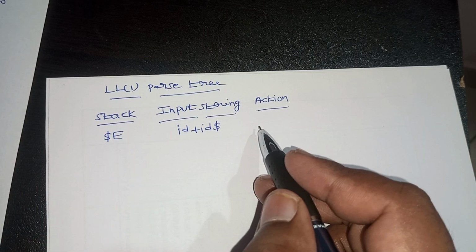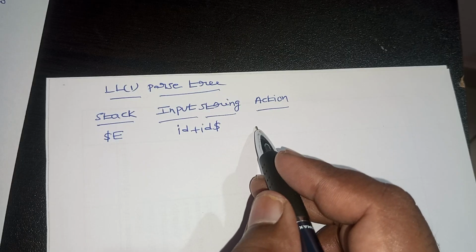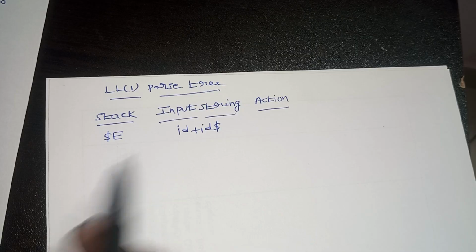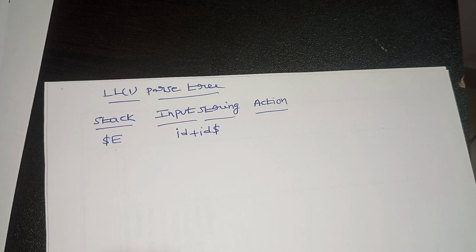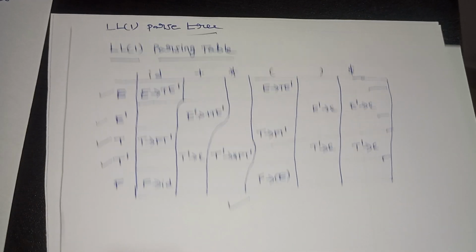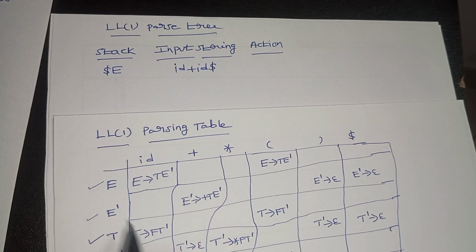So this is the action you have to perform. E on id, see the table. What is E on id?